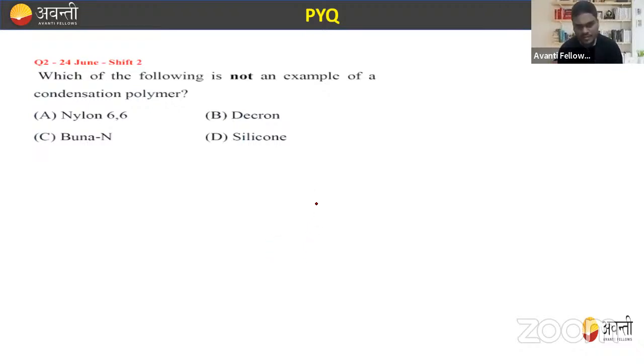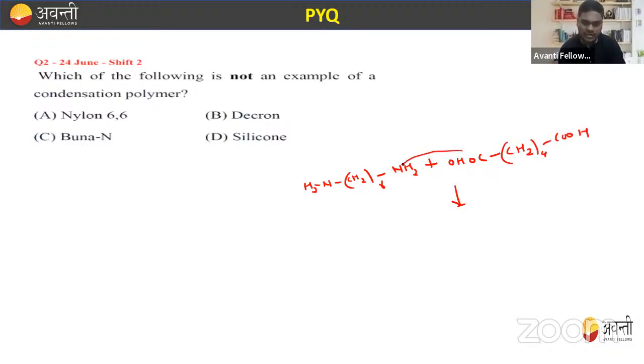Condensation polymer means, when hexadiamine, like H2N CH2, and this is again NH2, when this is treated with adipic acid, that is CH2 4 and this is COOH, then the removal of a small molecule, H2O, takes place, right? Then the removal of H2O takes place.